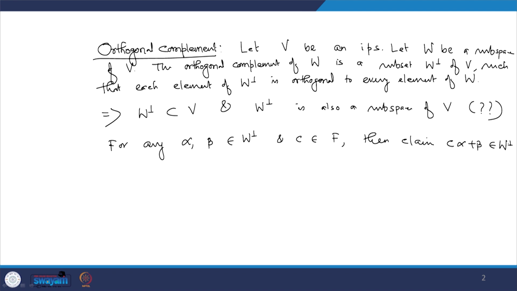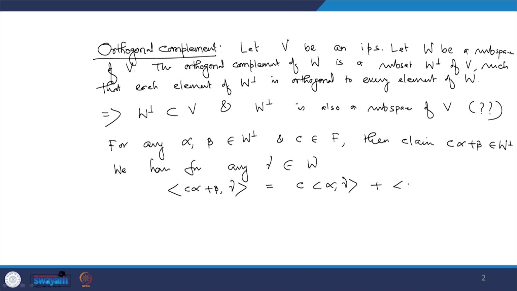So, this will be in W complement provided c alpha plus beta is orthogonal to each element of W. We have, for any gamma belonging to W, the inner product of c alpha plus beta and gamma is equal to c times the inner product of alpha and gamma plus the inner product of beta and gamma.